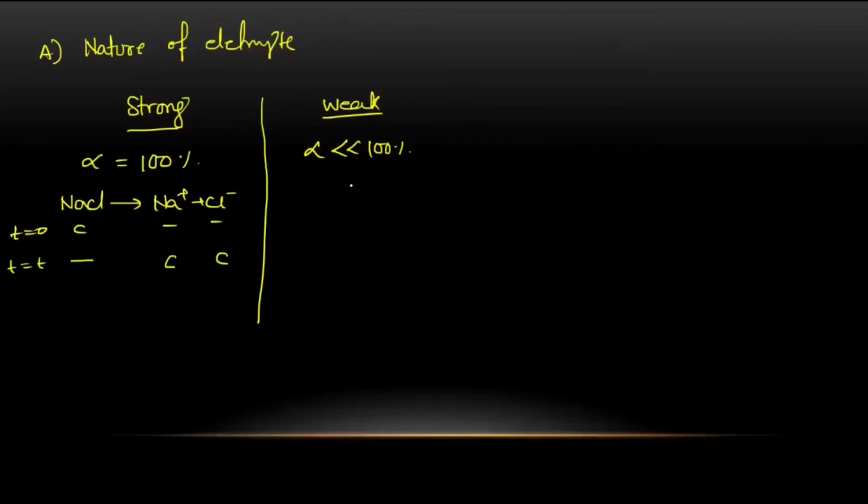Now, let's see a weak electrolyte, for example acetic acid, CH3COOH. It is going to dissociate like this into acetate ion, CH3COO-, plus H+. Suppose here also I have taken an initial concentration of C. But at t equal to t, what will happen?